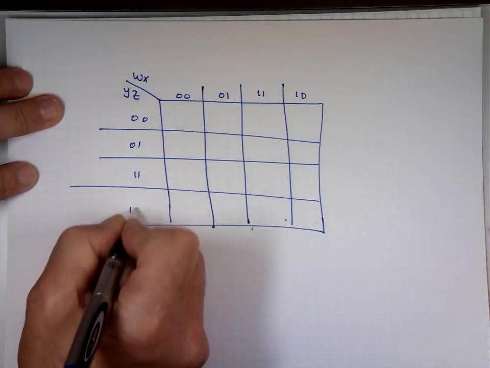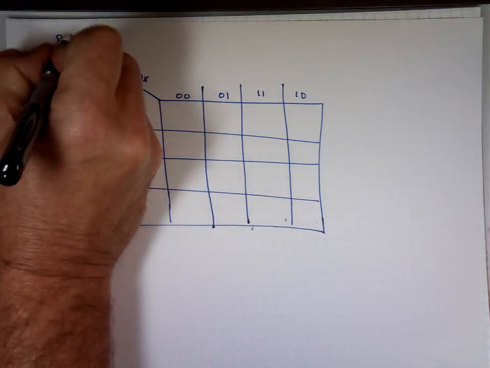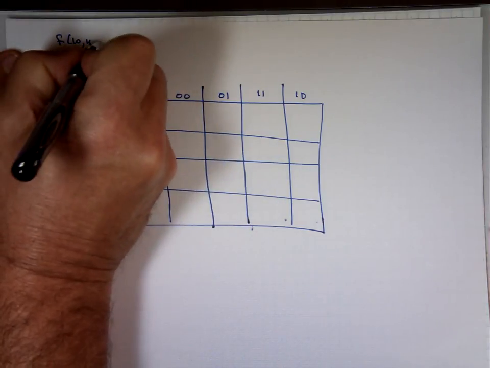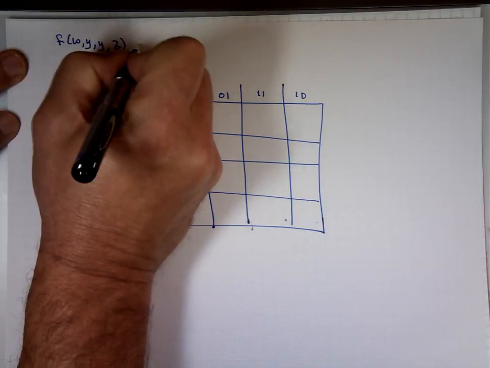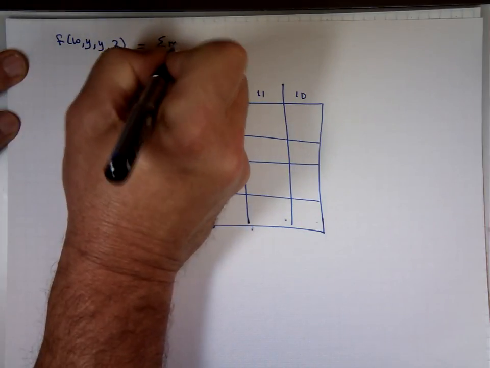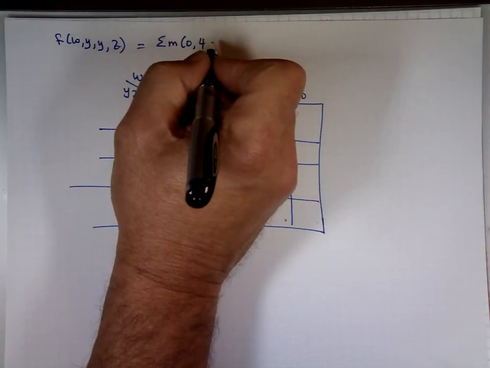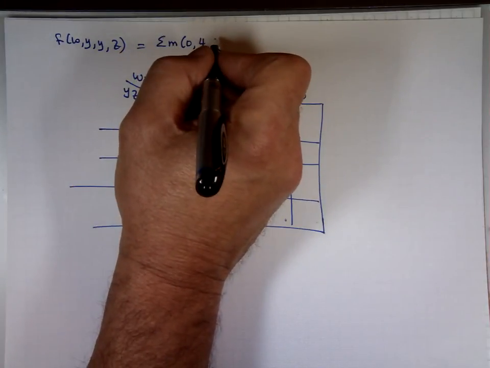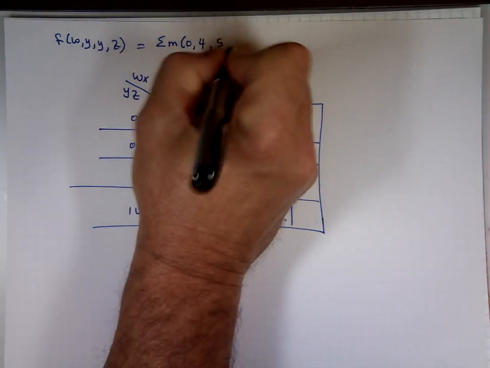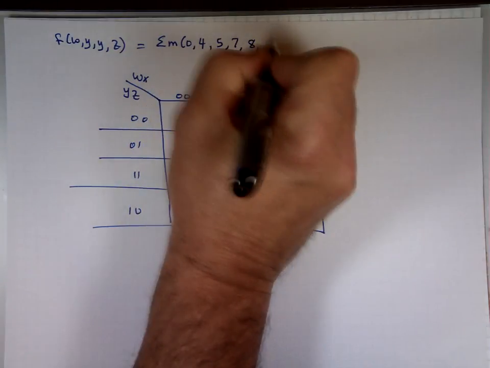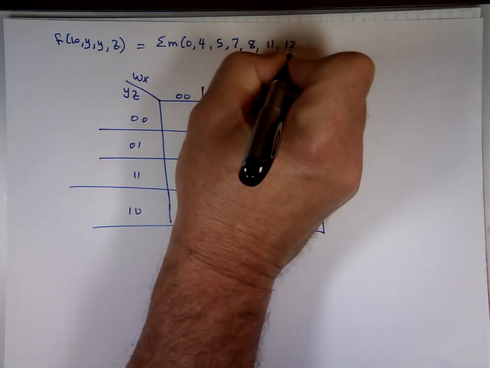And the expression was f of w, x, y, z. If I remember, I had a 0, I had a 4. What else we had? 5, I think. 7. 5, 7, 8, 11, 12, and 15.